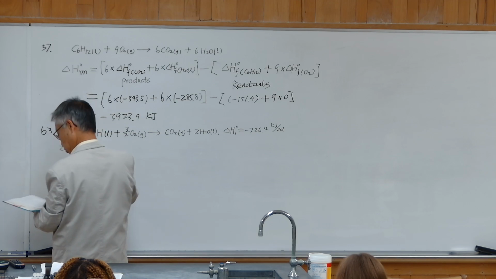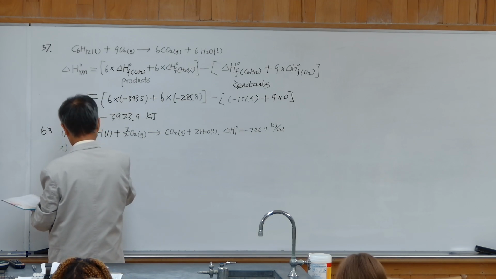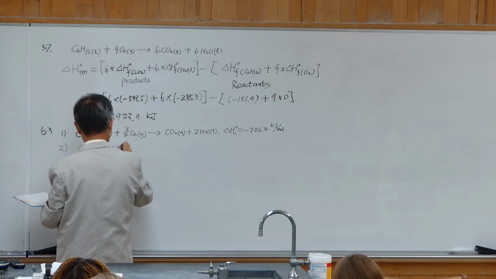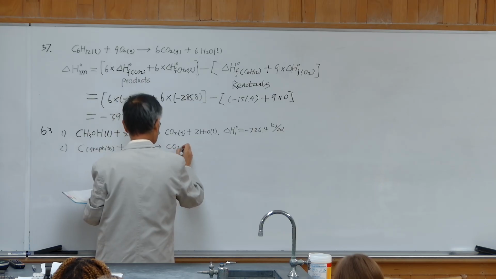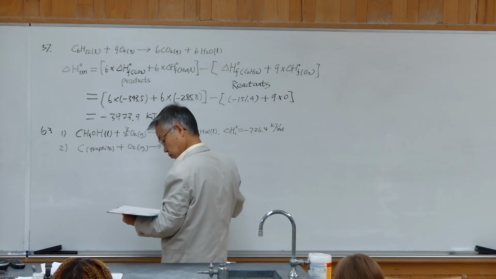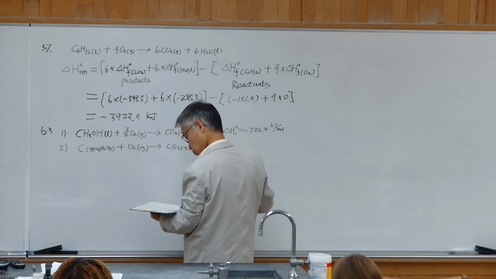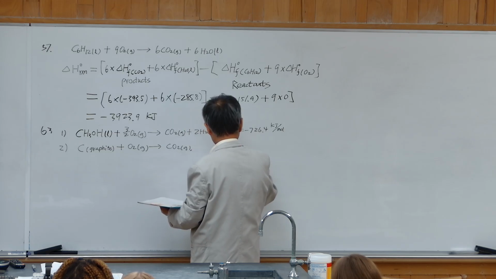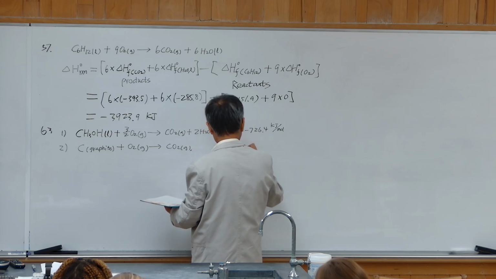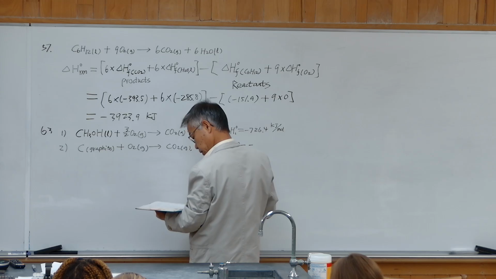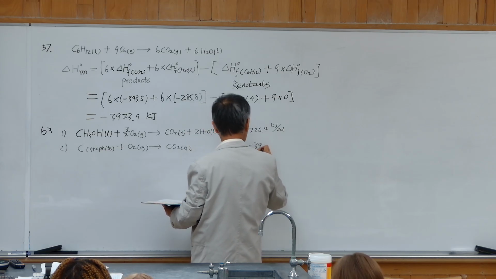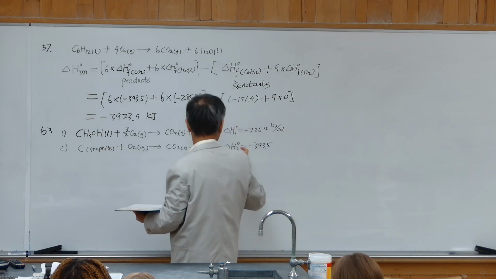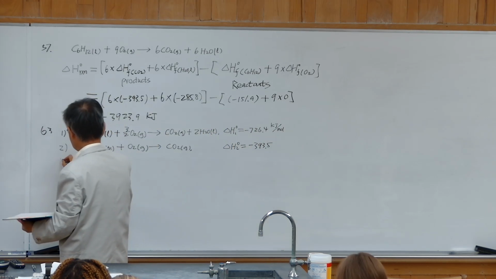Reaction 2 is carbon reacting with oxygen to produce carbon dioxide. Reaction 2's enthalpy change is negative 393.5. Unit is the same, kilojoule per mole.